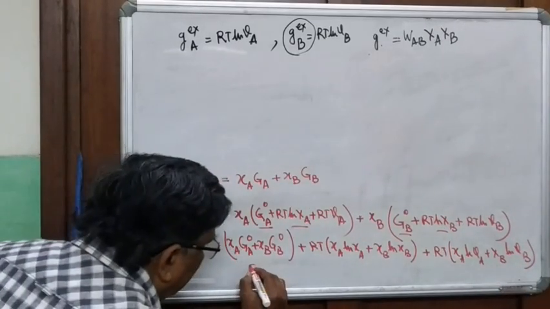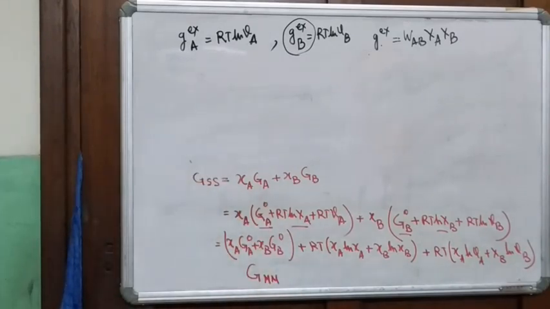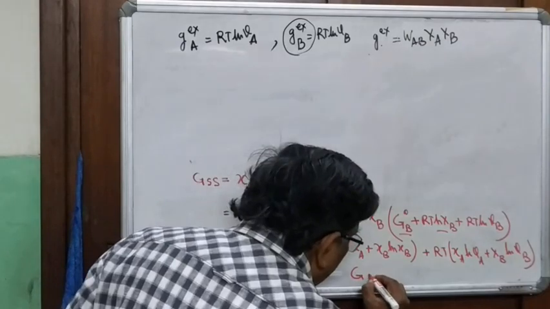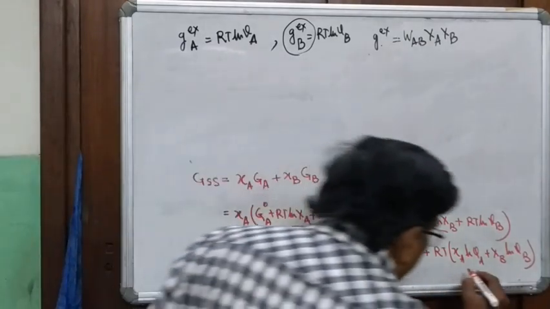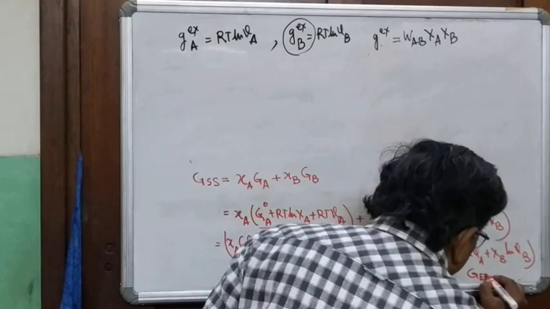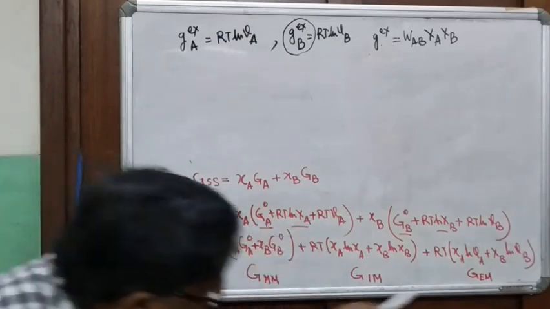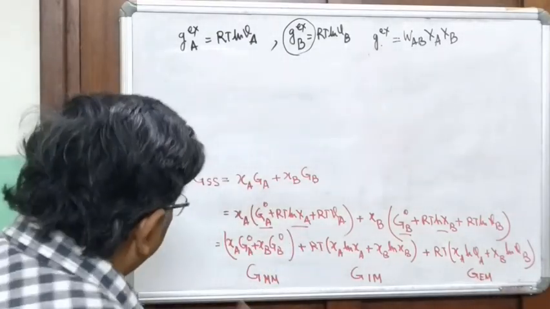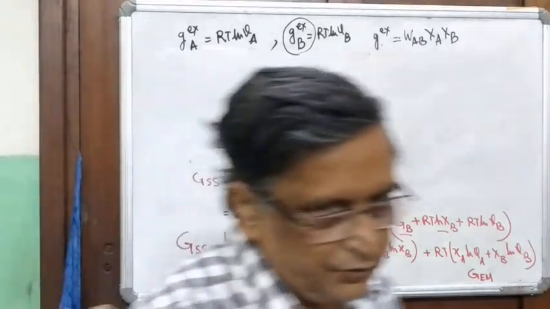This, you will recall, is G mechanical mixing. This is G ideal mixing. This is G excess mixing.